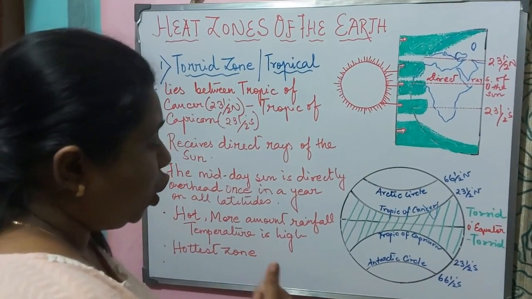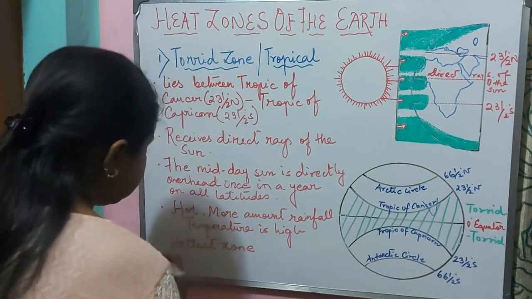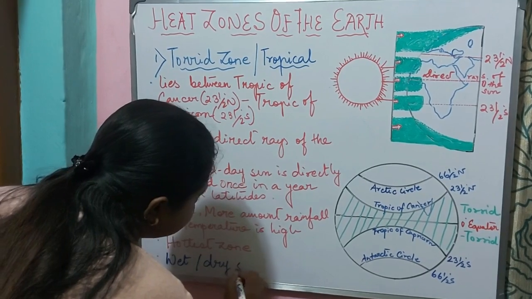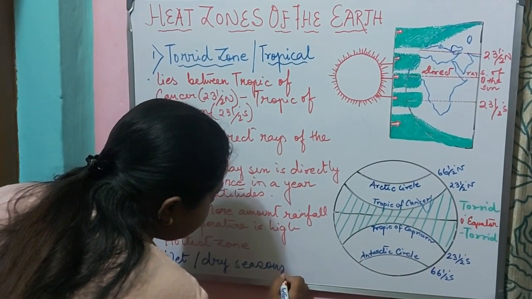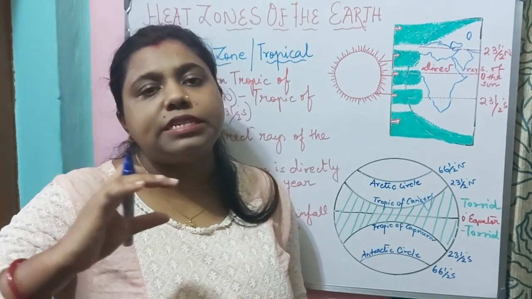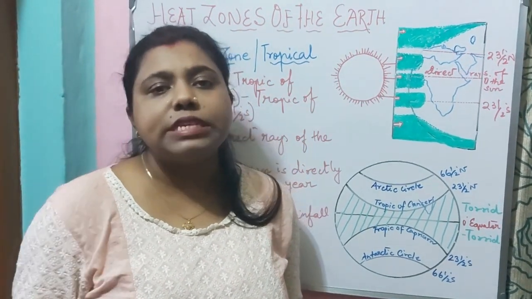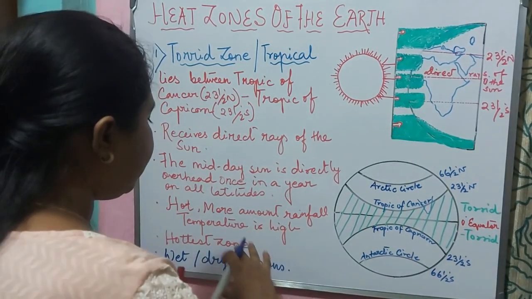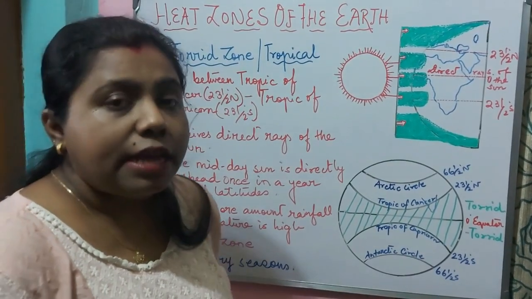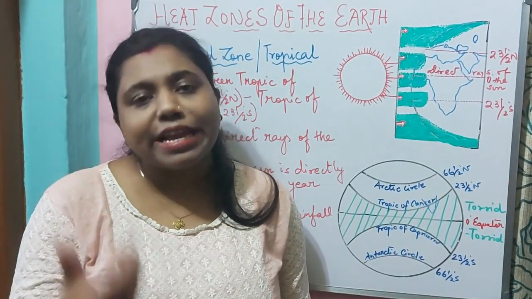And here you will notice that they have wet and dry seasons, but they do not have 4 seasons. We all know that there are 4 seasons that we experience. Those 4 seasons cannot be experienced in the areas which fall under the torrid zone. Clear? Now let us move ahead with the next zone, that is temperate zone.